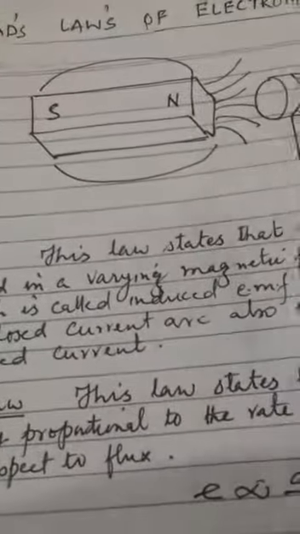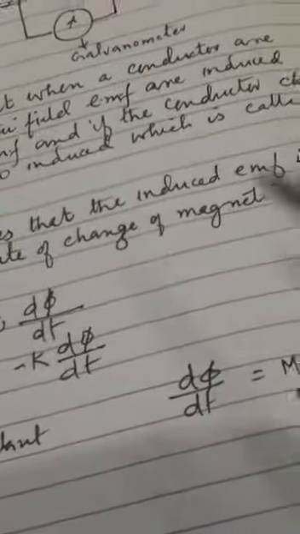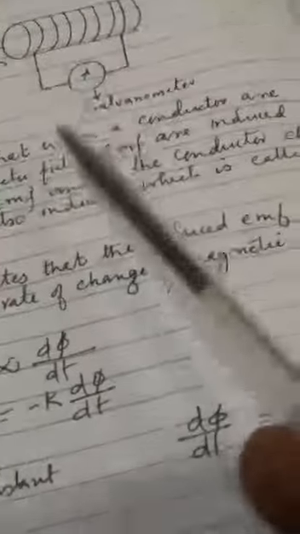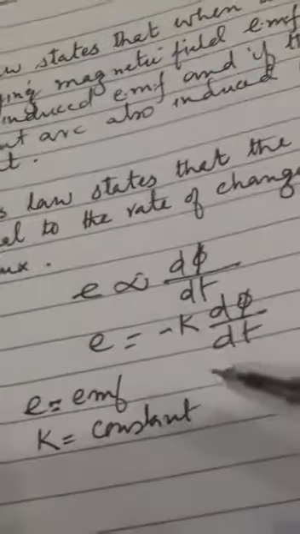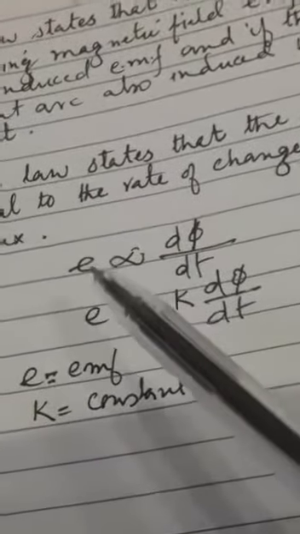So dear students, I'm sure you have understood what Faraday's first law was. Now Faraday's second law. In the second law he states that the induced EMF created by a conductor is directly proportional to the rate of change of magnetic flux with respect to time.